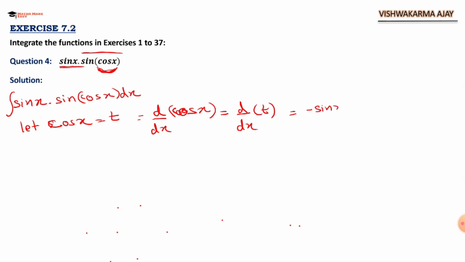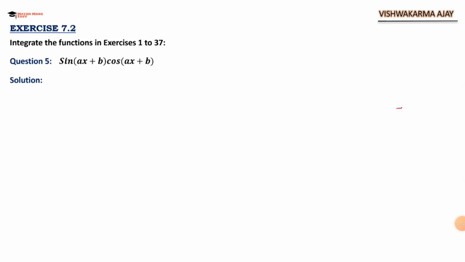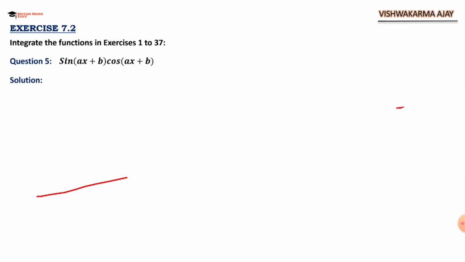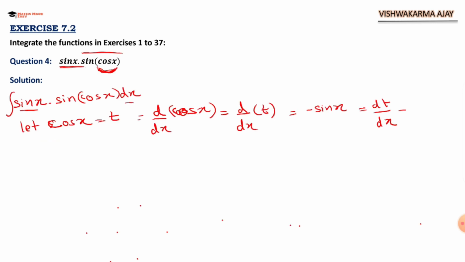Minus sine x is equal to dt upon dx. But we are only interested in sine x dx. See, I want to replace this sine x and dx with dt. So I am going to take this negative sign on the other side. So we have dt is equal to minus sine x dx.